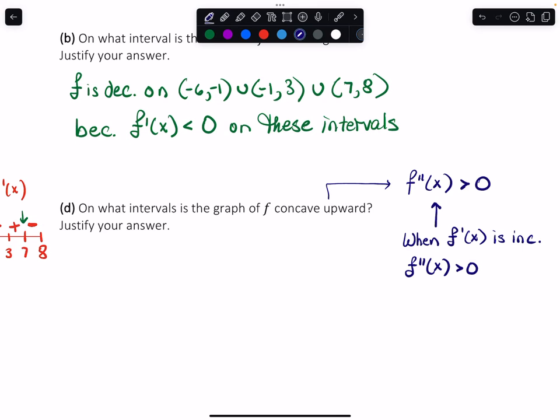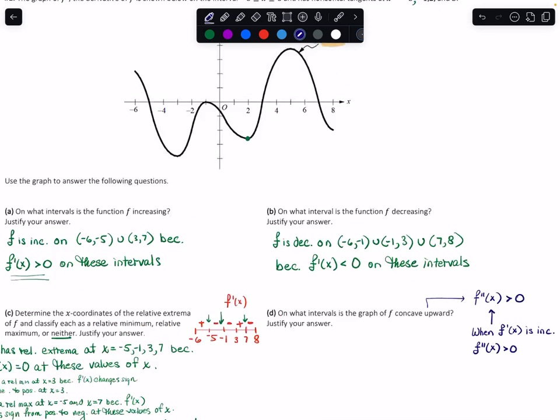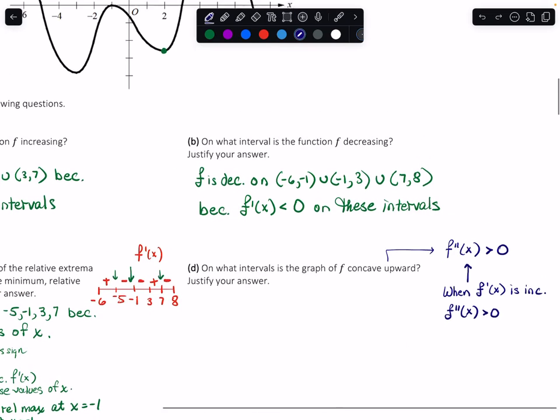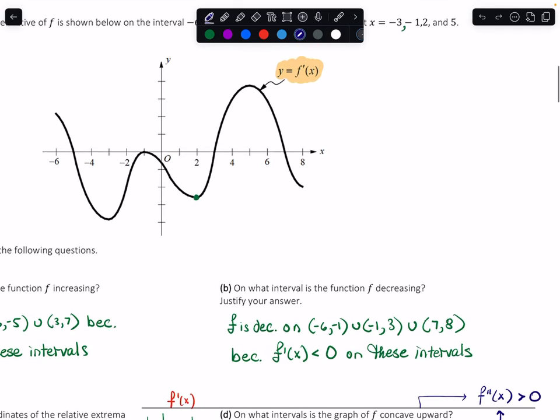And you're like, what? Look, I know f prime is somebody's derivative already, but f prime is still in and of itself a function in its own right. We know that when any function, in this case f prime, is increasing, its derivative must be positive. So how am I actually getting information about f double prime from the graph of f prime?